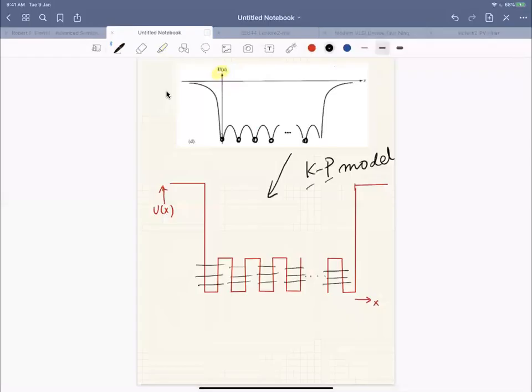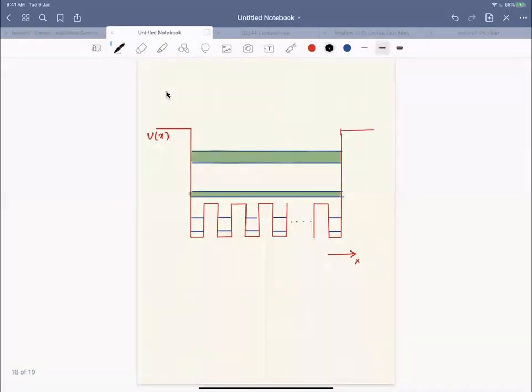Every atom has discrete energy states, and when you bring them together, we'll have bands. If you look very close to the atom, we still have the discrete energy states. But if you go away from the atoms, you'll slowly have different bands. These are called energy bands.